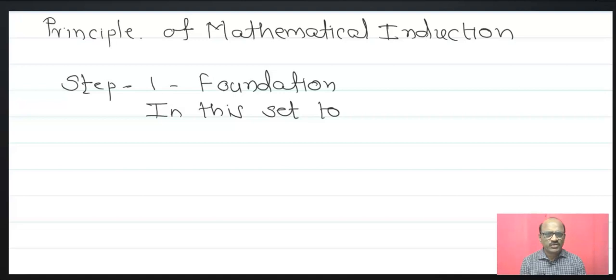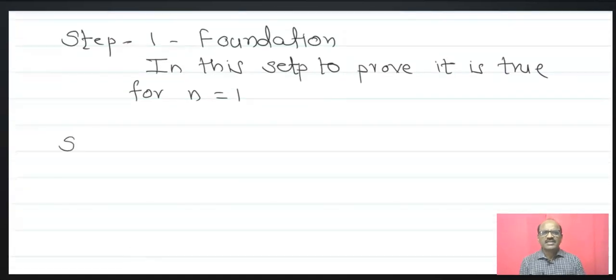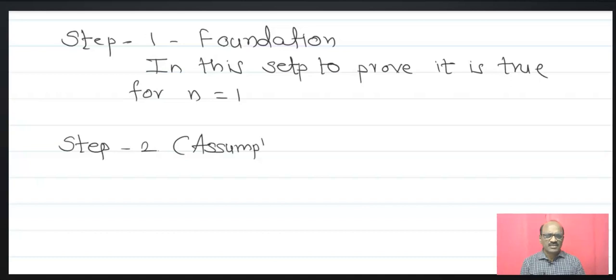You have to follow the following 4 steps. The first step is called the foundation: to prove it is true for n is equals to 1. Whatever LHS and RHS you have been given, substitute n is equals to 1 in the LHS and also n is equals to 1 in the RHS. Then LHS is equals to RHS.